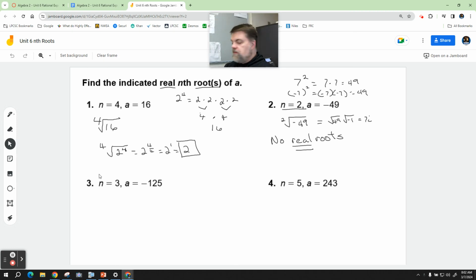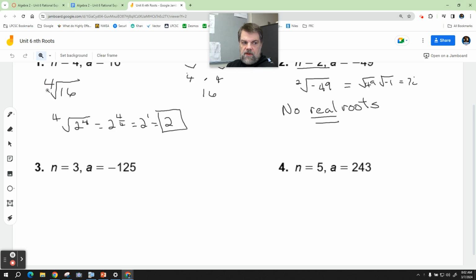All right, so for problem number 3 then, and I'm going to zoom in a little bit. Basically, we're going to take the cube root of negative 125, okay?